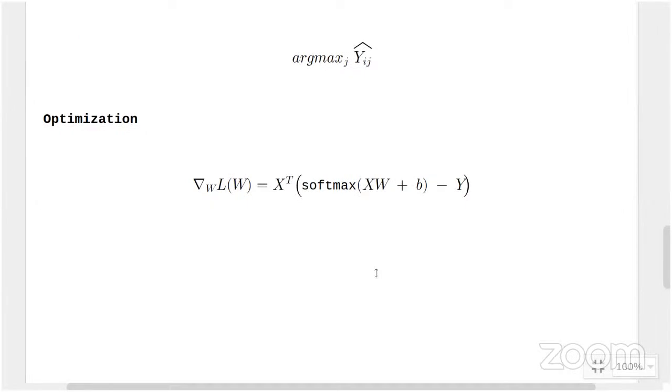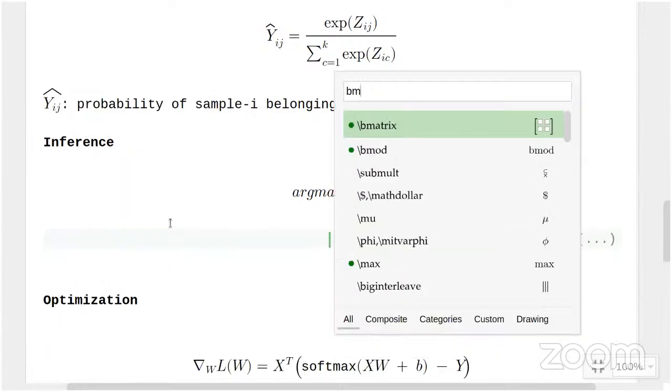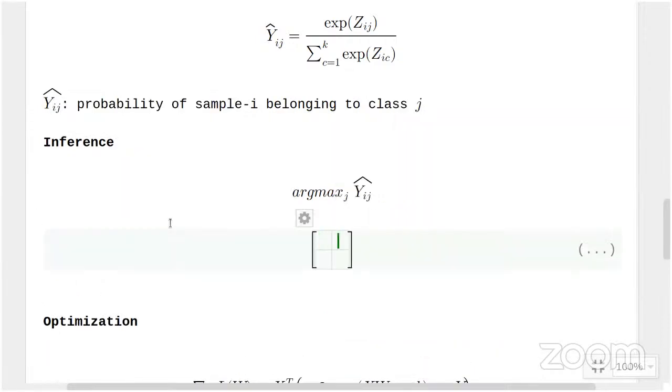So here, what is the argmax over J? The argmax part is actually the inference. You have a bunch of probabilities in each row. For the first training example, P11 will be one probability, P12 another, and P13 another.